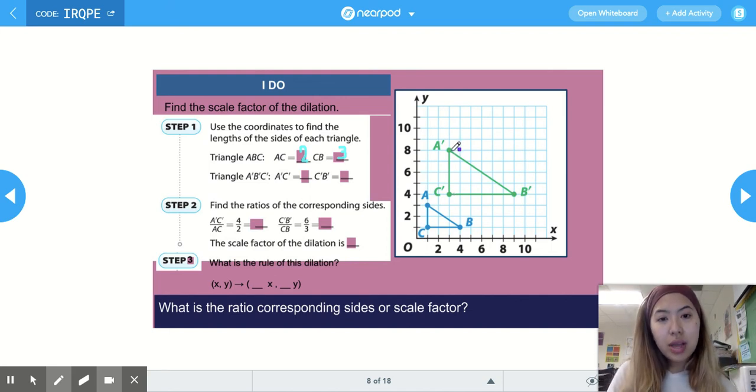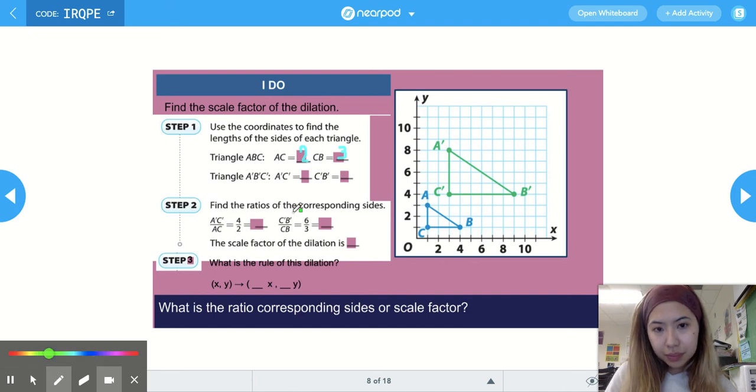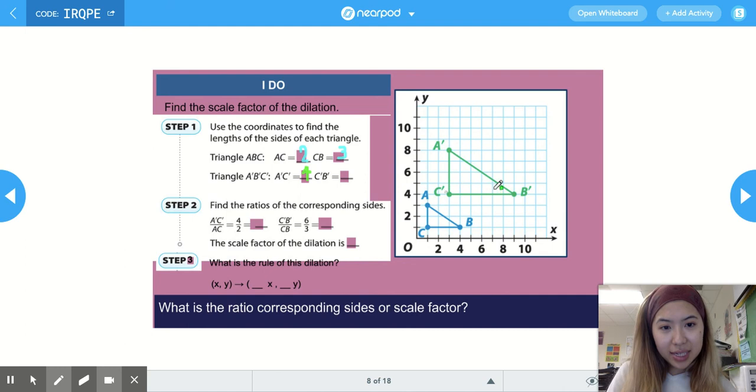Okay, for the dilated A to C, we have 4. And then for the dilated C to B, we have 6. So now we're going to find the ratio, which is going to lead us to the scale factor of the corresponding sides. So the dilated A to C was 4.